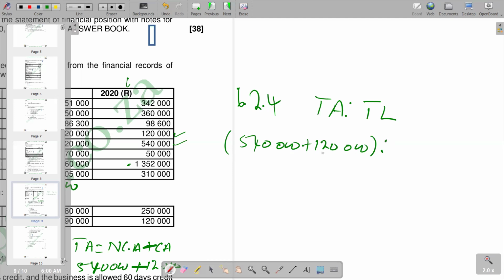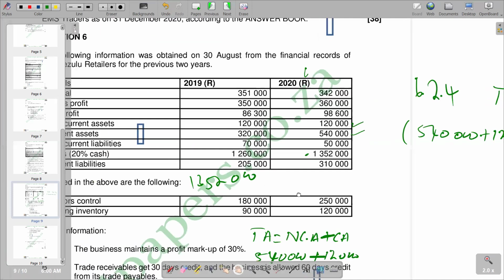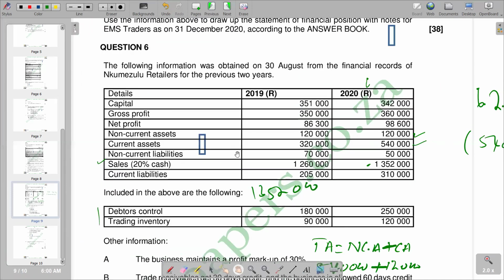Then our total liabilities. We go again to check what figures we have in terms of total liabilities. We see that non-current liabilities here is 50,000. Then current liabilities we are given here is 310.